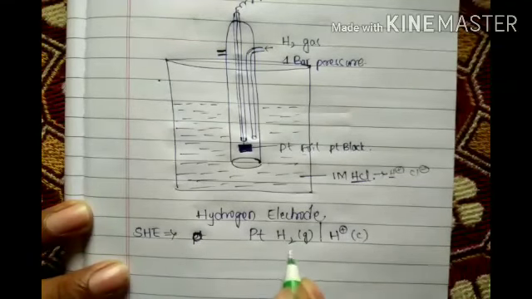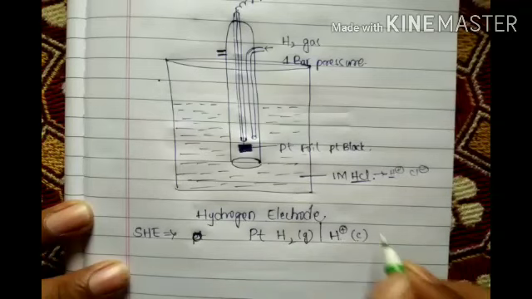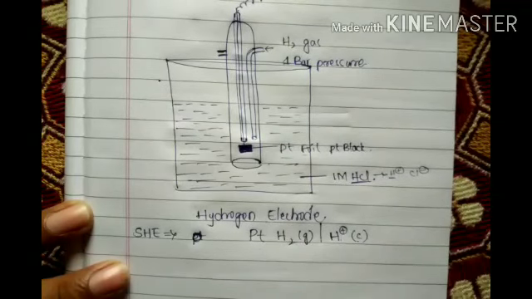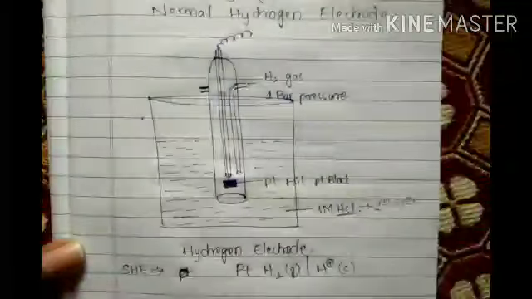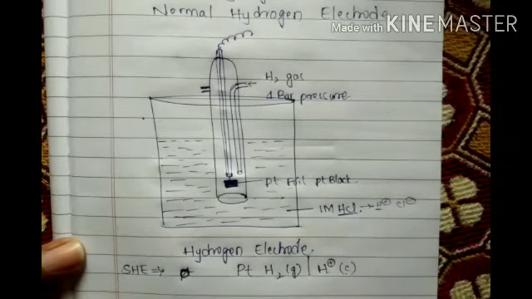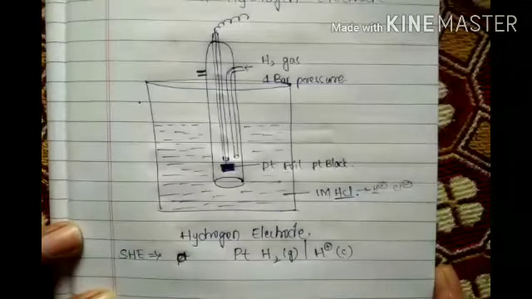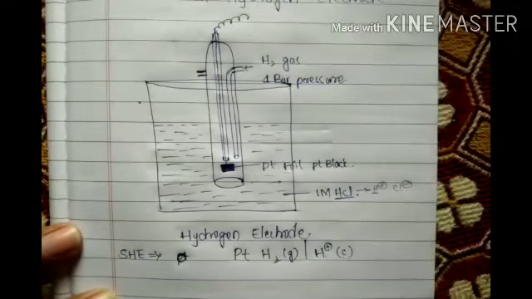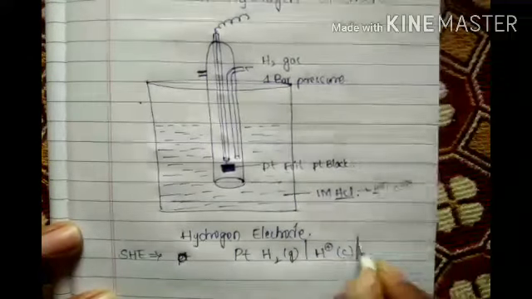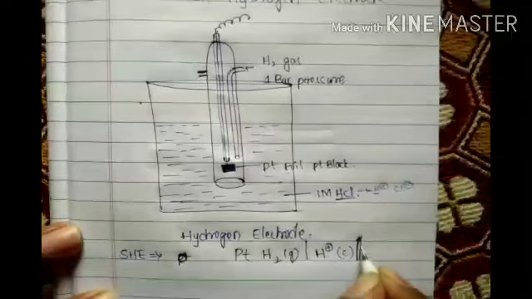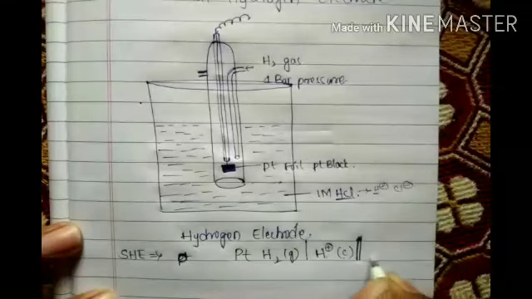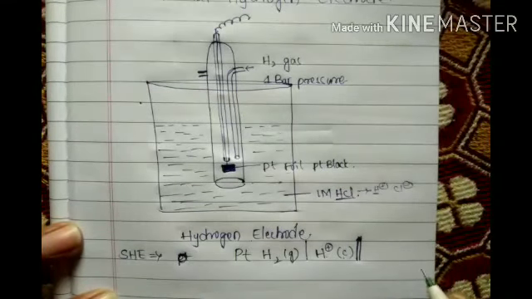So Pt, H2 gas, H plus solution and concentration, and here the double line will come. What is the right side cell? We have to take that as usual. Understood? For example the zinc electrode, whatever is outside after the two lines, the salt bridge, after that one more line will come. Whatever you are taking will come.